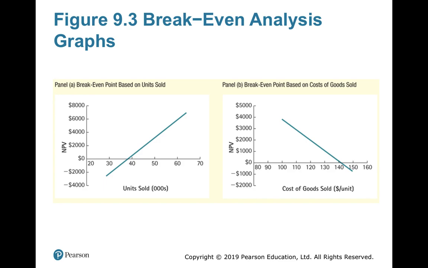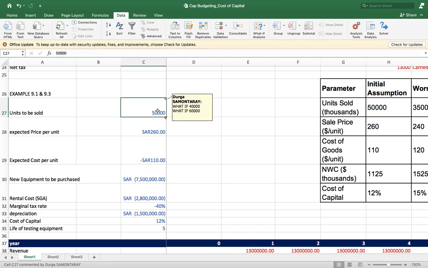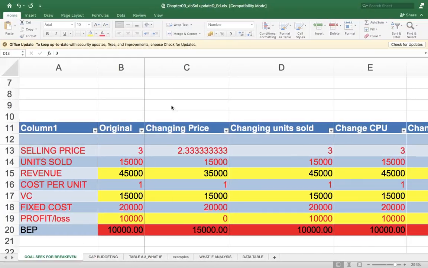No profit, no loss. And break-even based on the cost of goods sold, 141 or something like that, 142 will be the cost of goods sold at which you will get the break-even.